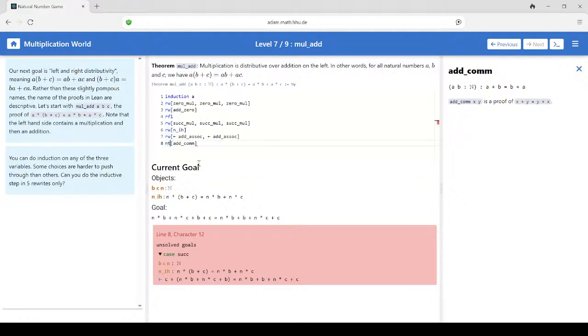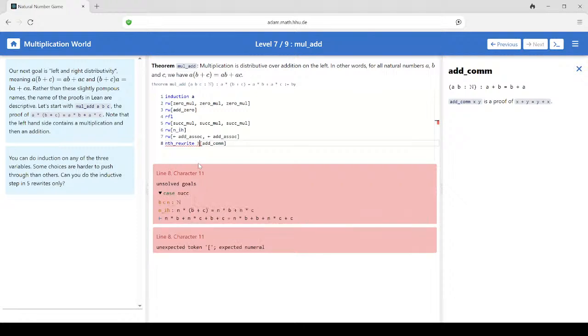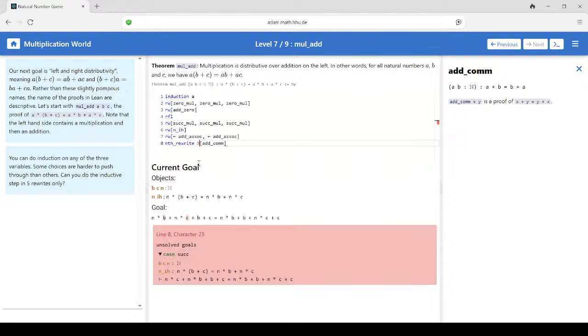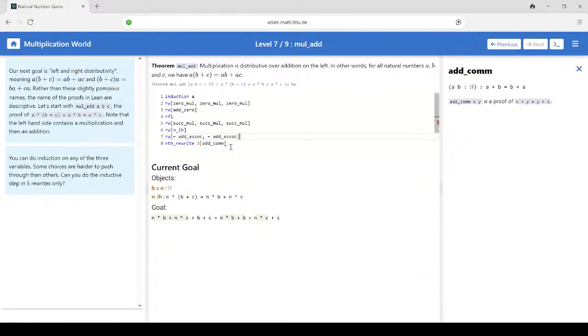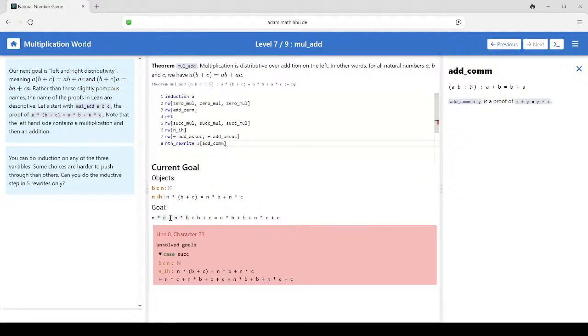Can I do nth? I can. That did something? Yes, I moved the third one around. We went from n times b, n times c to n times c and n times b.